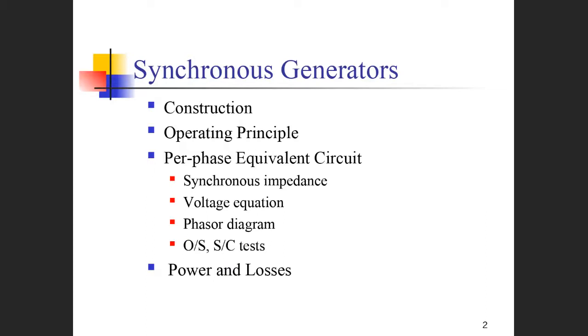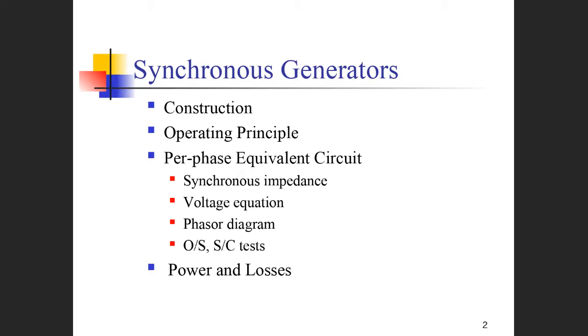Similar to the previous two chapters, for the generators we start with the constructions, I mean, the configurations of the generators. Then, based on the configurations, we talk about the operating principles of a typical commercial generator.